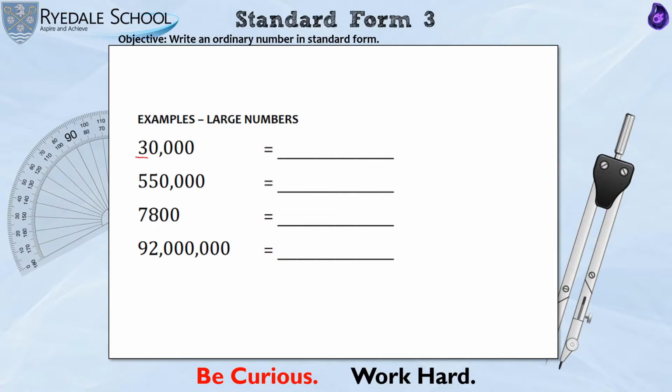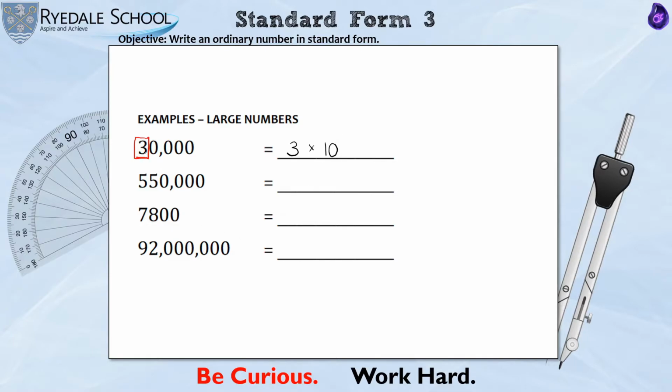Well, the only important digit I've got there is the digit 3. And that is already between 1 and 10. So that makes my life nice and easy. I know the value of a has to be 3. And now I need to work out what the power is.